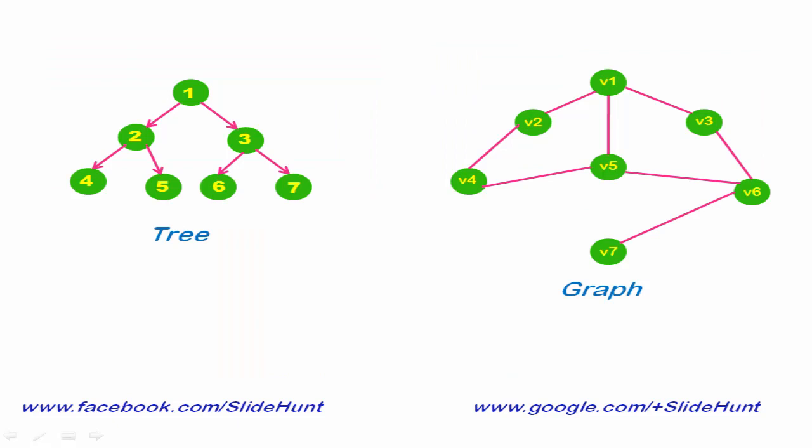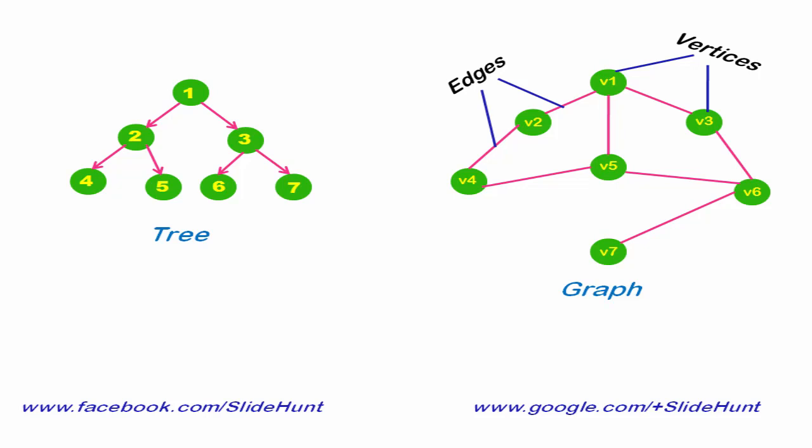Here we draw two nonlinear data structures, one is tree and another is graph. Similar to tree, graph contains some nodes called vertices, and vertices are connected to each other through a set of links called edges. Here nodes or vertices are represented by circles and edges are represented by a line or line segment.